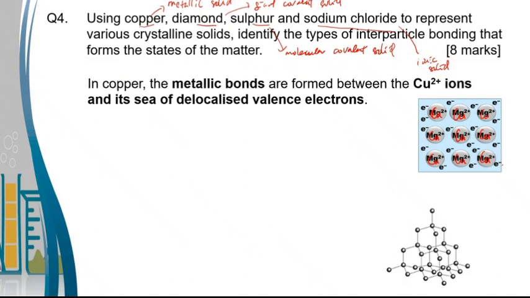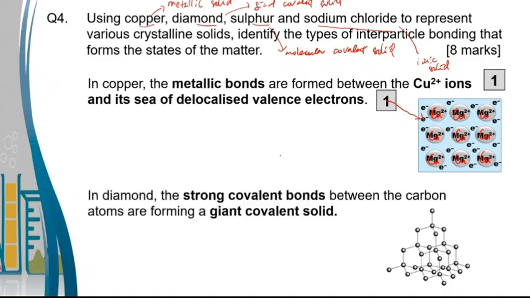In copper, the metallic bonds form between the positively charged copper ions and its sea of delocalized valence electrons, which is negatively charged. Metallic bond is 1 mark, and the explanation of how the bonds form is 1 mark. It forms between the positively charged metallic ion, the copper ion, and the sea of delocalized valence electrons, which is negatively charged.